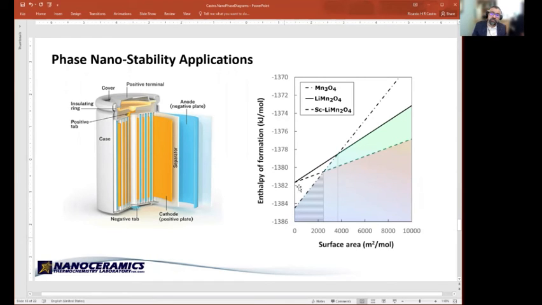But because it has a higher surface energy than LiMn2O4, there is a crossover at a certain point, making it less stable as you go to the nanomaterial. So this provides a better understanding of what is out there in terms of nanostability diagram applications.